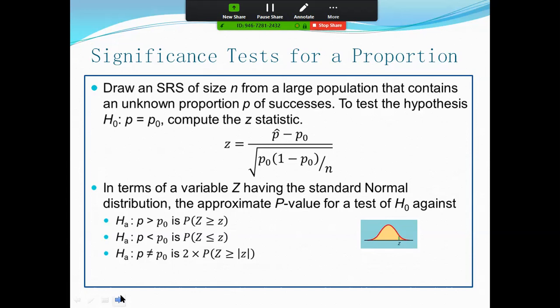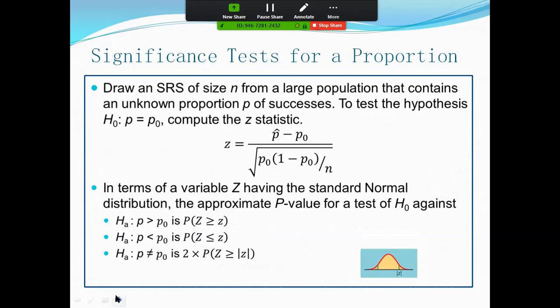Or a test against the alternative hypothesis that p is less than p naught, shown in the image here as the critical region less than the z statistic we computed. And the p-value is the probability a z-score is less than this z statistic. That's the one we actually get from table A. So that's always the nicest test to run.